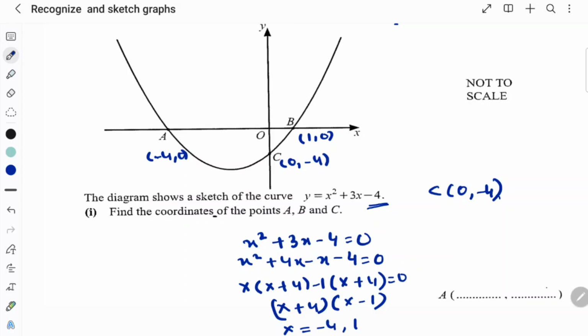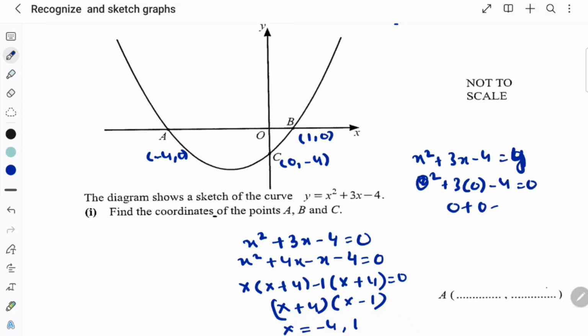Even if you have any problem writing down the c coordinate directly, then you can put x as 0. So x square plus 3x minus 4 equals y; 0 square plus 3 times 0 minus 4 is equal to y.